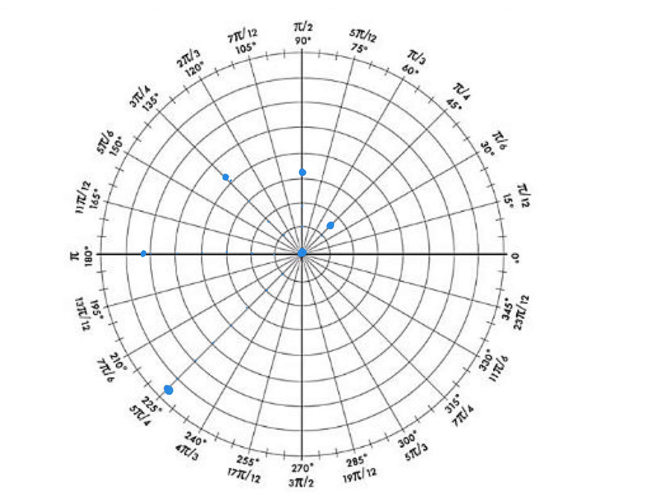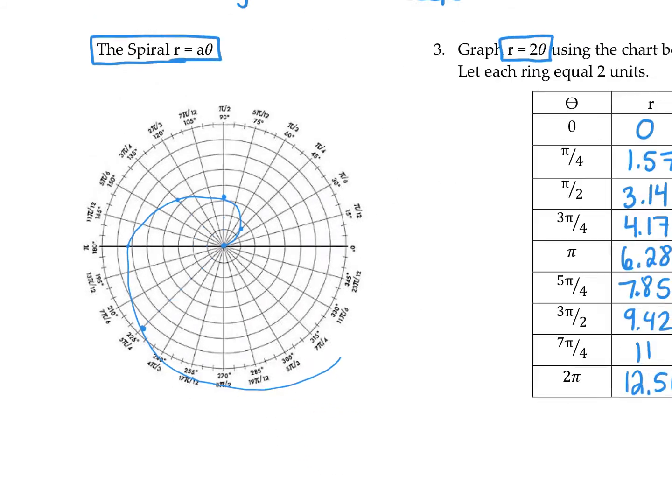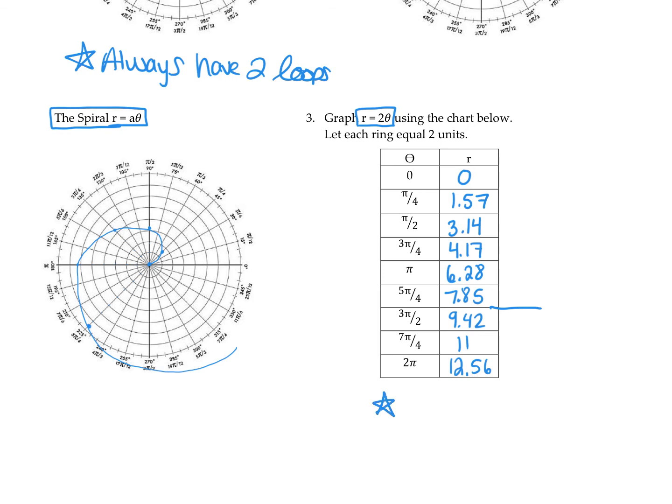And so our spiral is going to look something like this. If we kept going off our graph, it would keep going around, something like that. So they are going to rotate counterclockwise. And the most important thing is just to understand what their equation looks like. It always looks like r equals a theta. It could also just be r equals theta if a is 1.